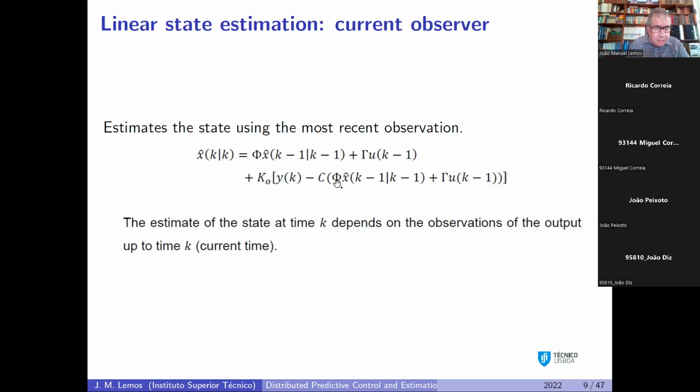Possibly in many cases it would not be possible to solve it, if not in all cases. So I replace this x hat of k by what x hat of k would be given the model. Okay, so that's how we write the so-called current observer.